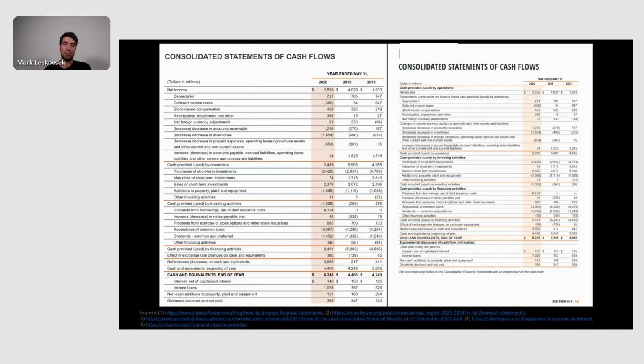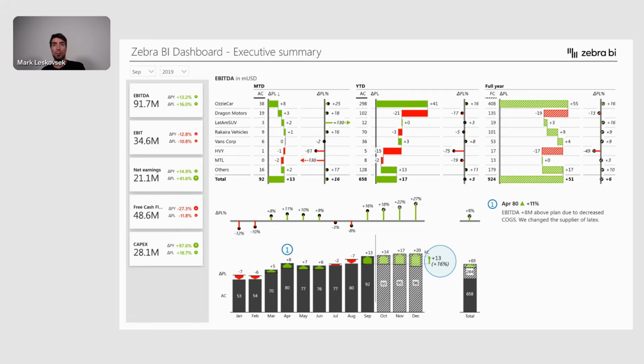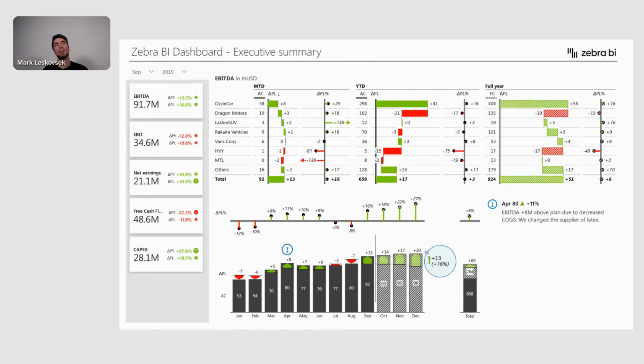Now, we believe that the solution is using Zebra BI with custom visuals on top of Power BI. And this is something that you can expect, right? And of course, by using these visuals, you get built-in IBCS standards. So what do we mean by that? All the charts that you use, and this is really important, right, will follow certain visualization standards.